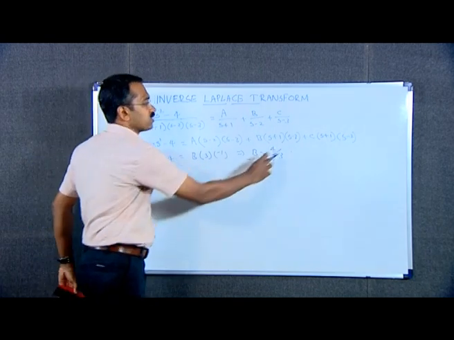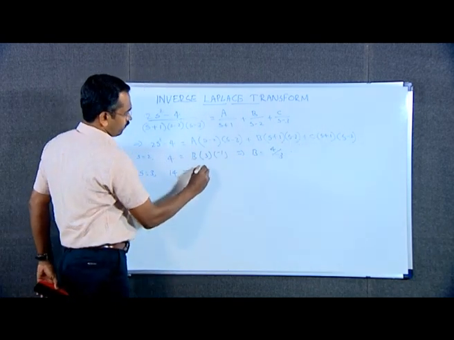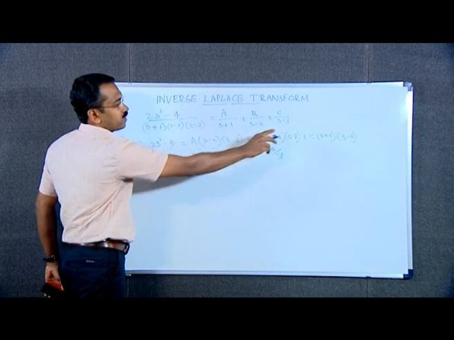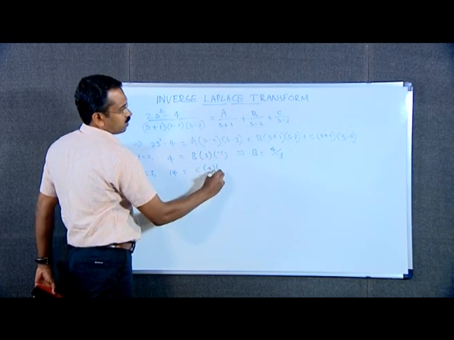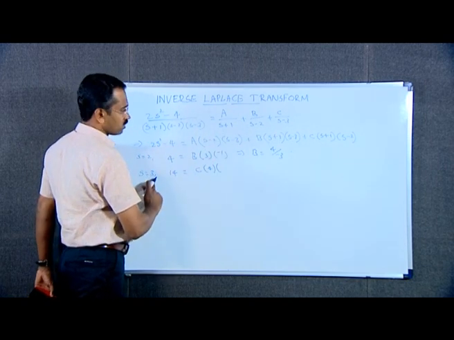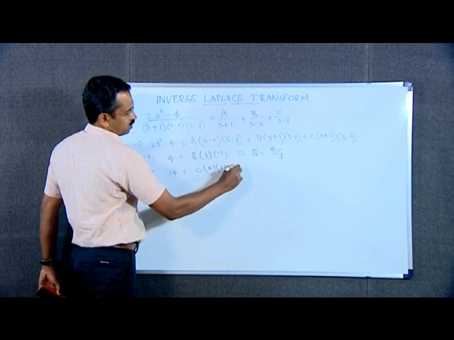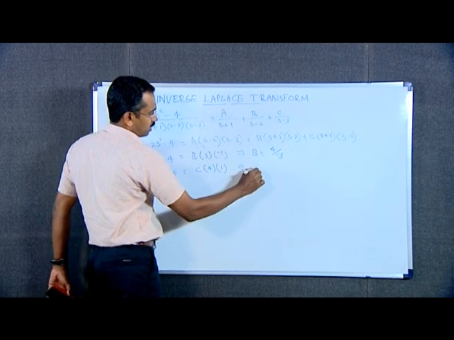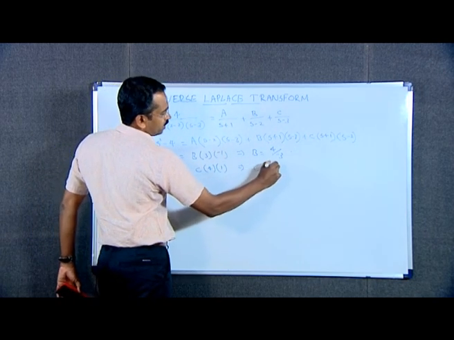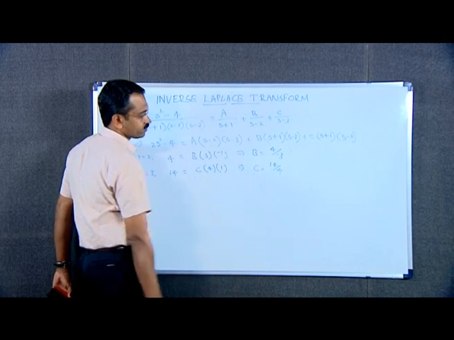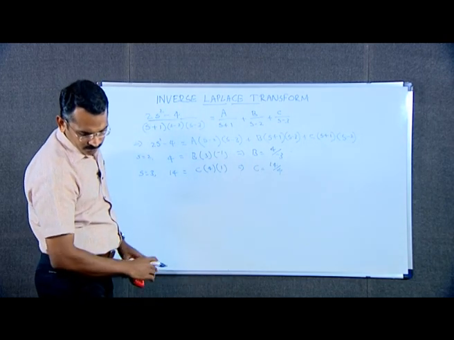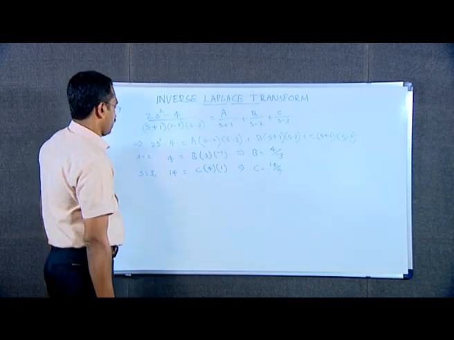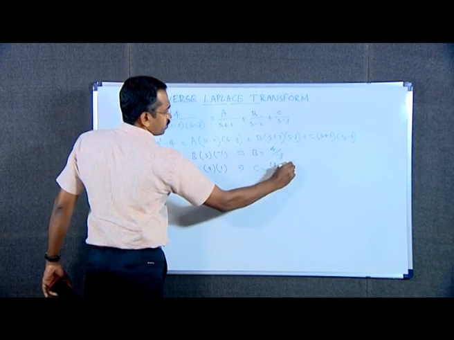The remaining term is c into, when s is equal to 3, s plus 1 means 4, into s minus 2 means 3 minus 2 is 1, which gives 4c equal to 14, means c equal to 14 divided by 4. That is 7 by 2.